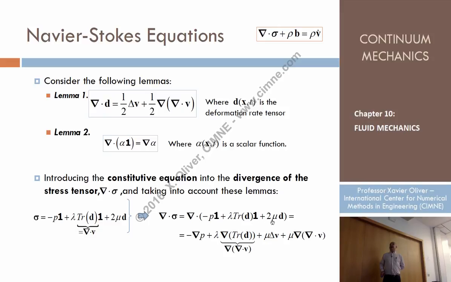And then mu times the divergence of d, which can be replaced by 1/2, which cancels with the 2 that comes out, and that leads to mu Laplacian of b plus mu gradient of divergence of b. So after replacing these expressions, we see that this term in the linear momentum equation can be written simplified in that way.